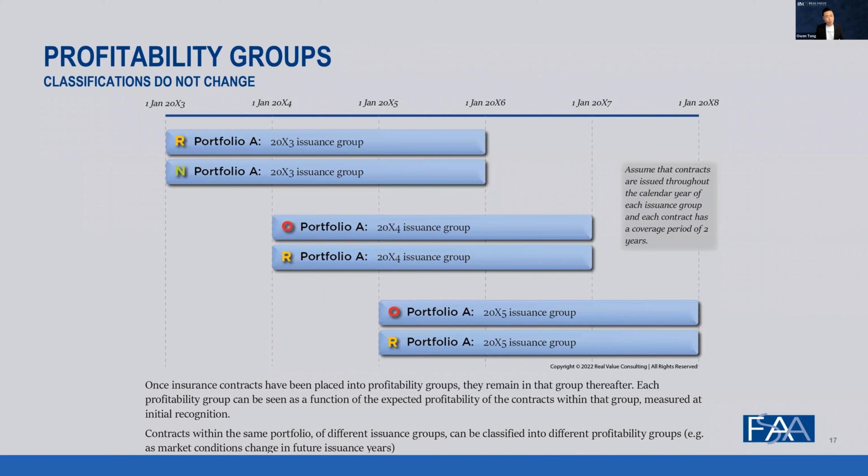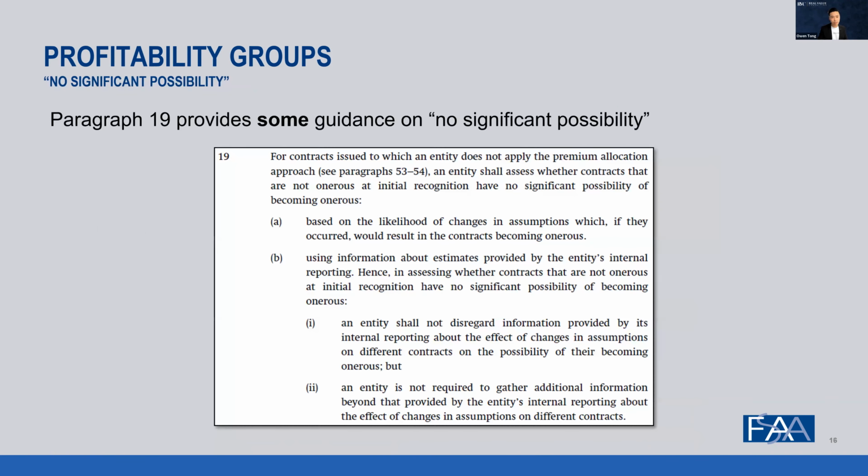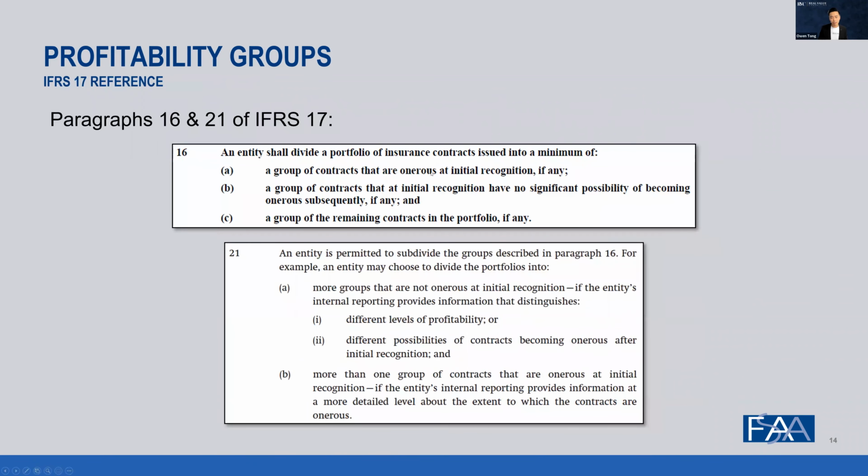The final one that I want to talk about in this category is the fact that the classifications of these profitability groups don't change. The reason I bring this up is that lots of people have asked: let's say I have product A or product B, and we initially expected it to be loss making, so we placed it in the onerous bucket.